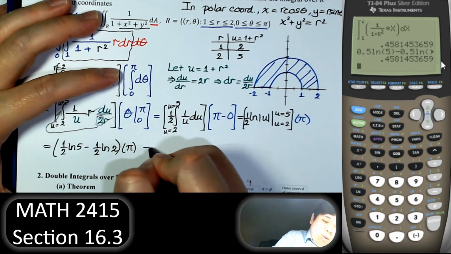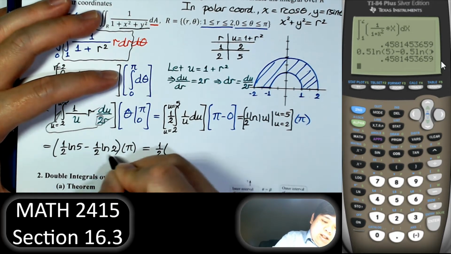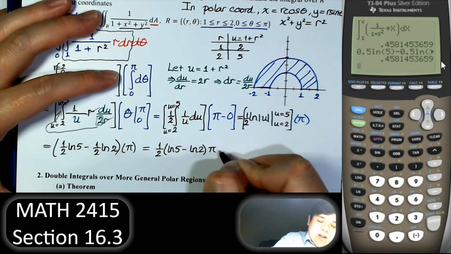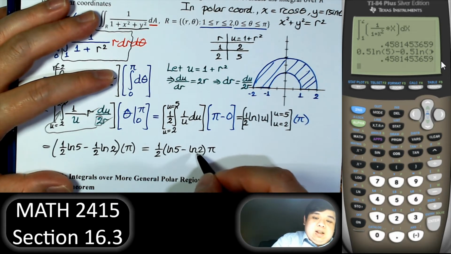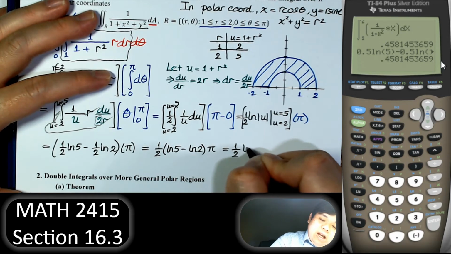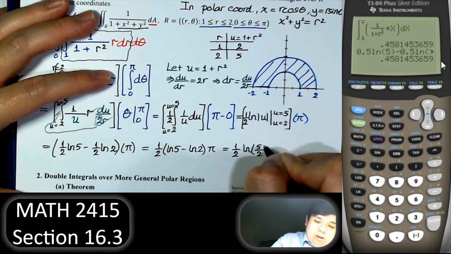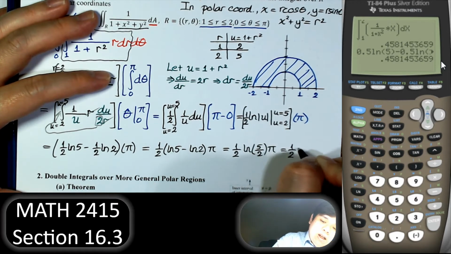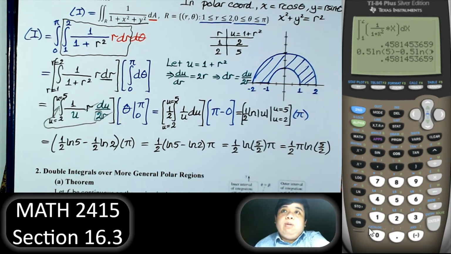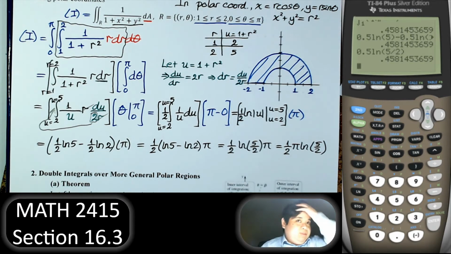If we want to, we can factor out 1/2, and we have ln of 5 minus ln of 2, times pi. And when we subtract the ln, that means we divide them. So we have 1/2 ln of 5 over 2 times pi, or 1/2 pi ln of 5 over 2. We can confirm that 0.5 times ln of 5 over 2 is still the same thing. So it's good. That's our answer.